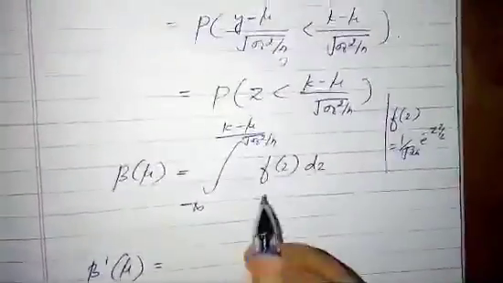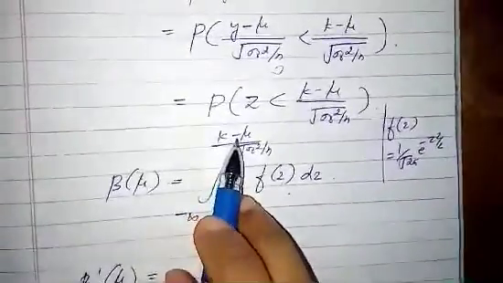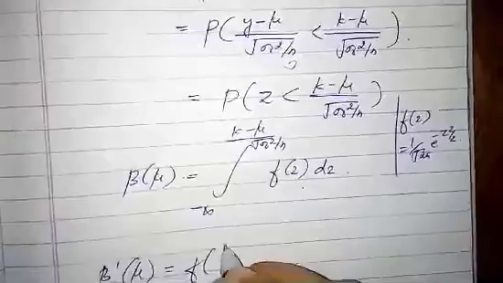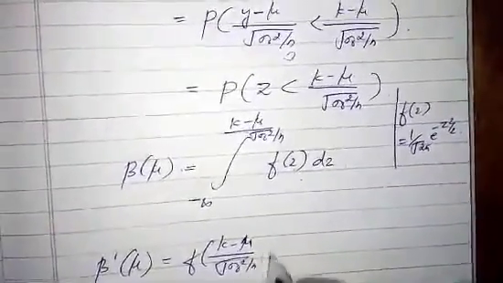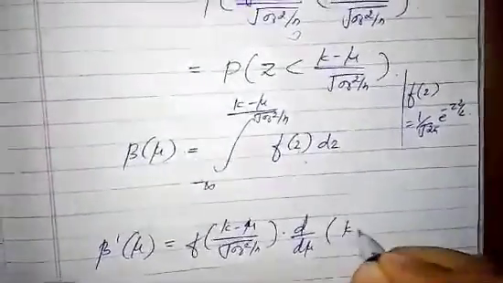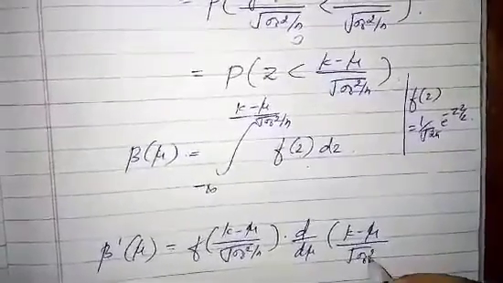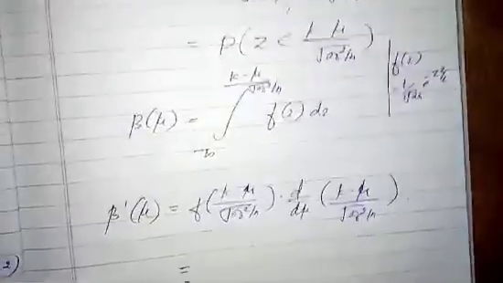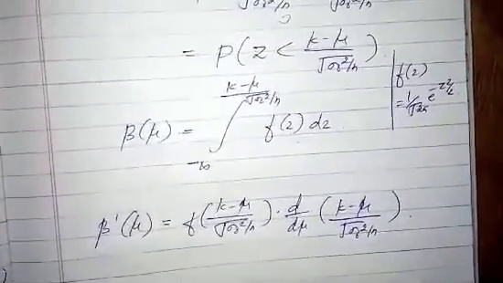Beta dash of mu equals f of this value, f of k minus mu divided by square root of sigma naught square divided by n, into d by d mu of k minus mu divided by square root of sigma naught square divided by n, which is equal to what value?